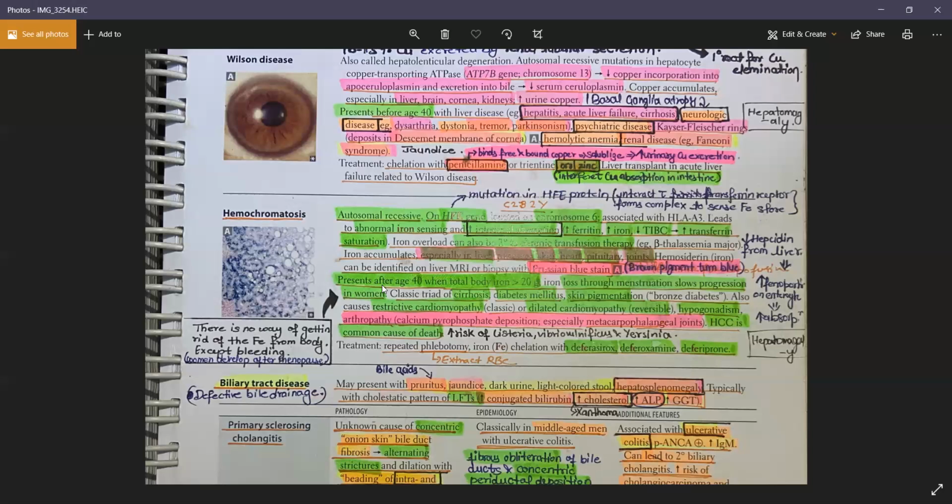Please note the fact that the arthritis mostly affects the second and the third metacarpophalangeal joints of your hand. These joints are specifically involved in the arthropathy or the arthritis because of the hemochromatosis, right? Very important.